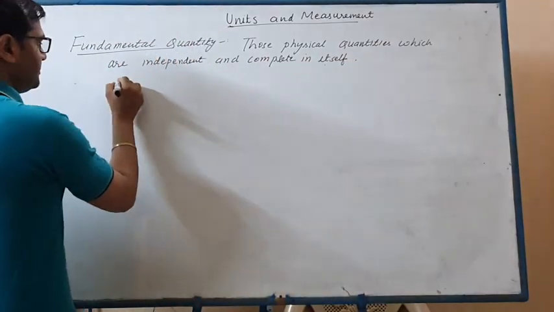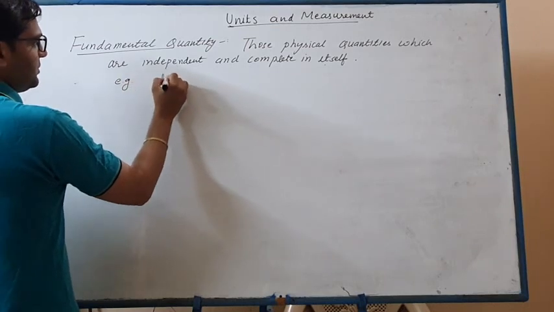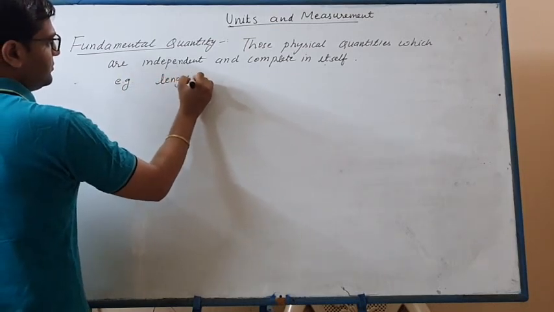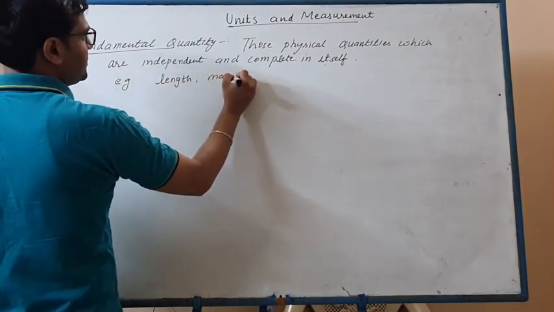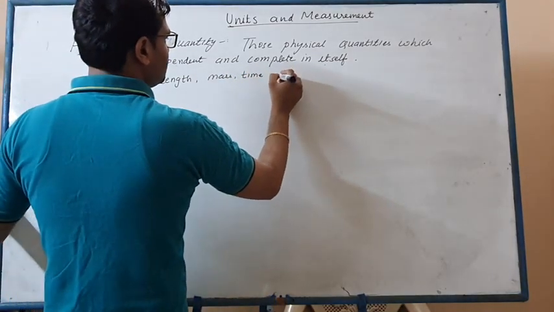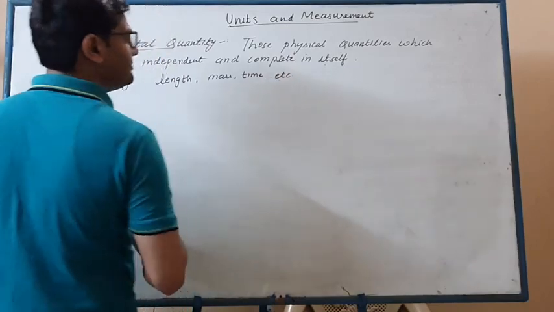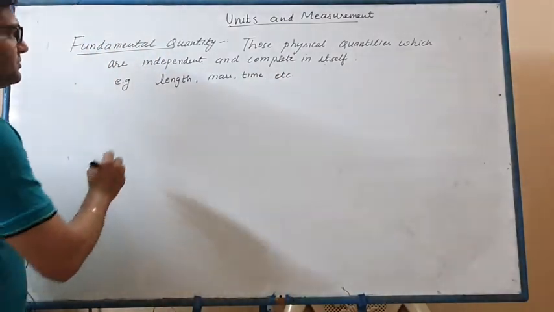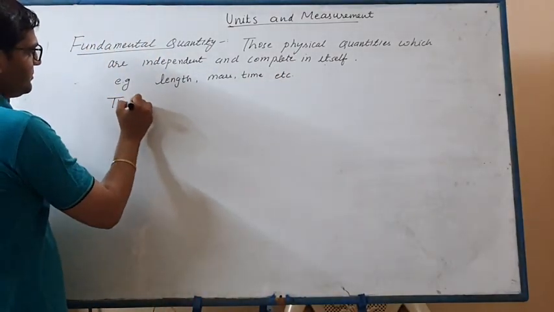For example, length, mass, time, etc. These are limited. These are 7.